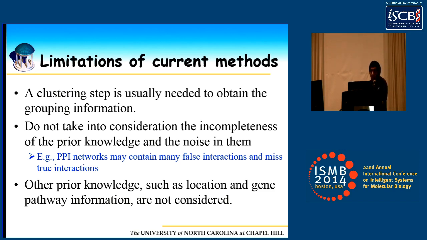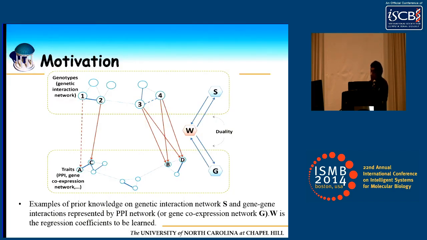In this work, to alleviate those limitations, we propose the model visualized in this slide, which makes use of both the relationships between SNPs and the relationships between genes. And we use matrices S and G to represent the relationships between SNPs and genes, respectively.